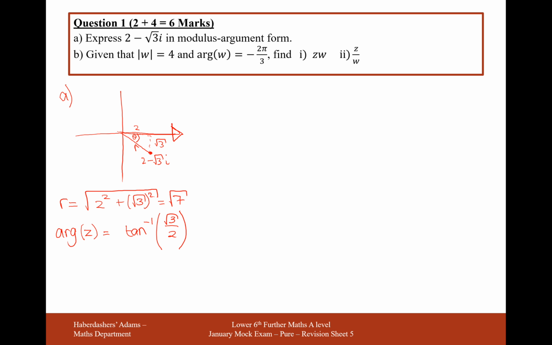When the number is on the top of the Argand diagram, the argument is positive, and when it is on the bottom of the Argand diagram, the argument is negative. So it's going to be the negative of tan inverse of root 3 over 2, and the answer to that is minus 0.714.